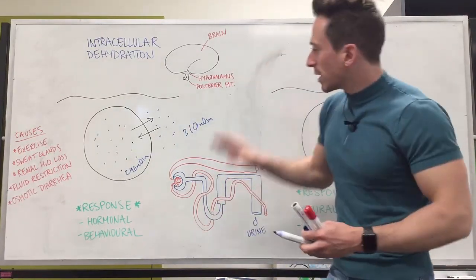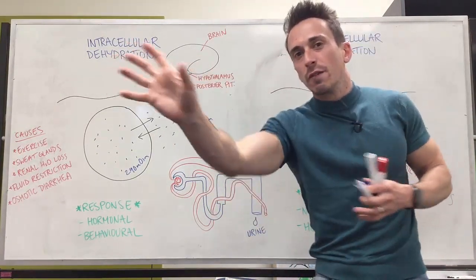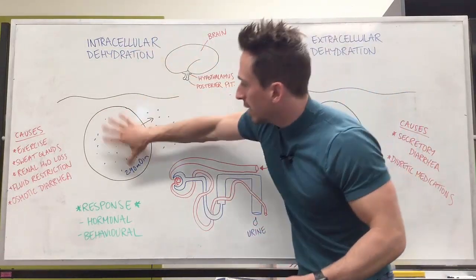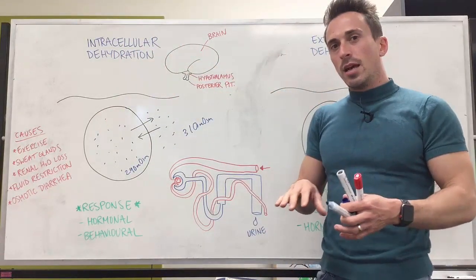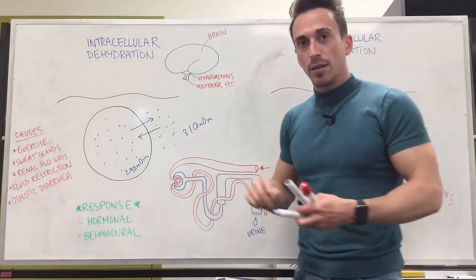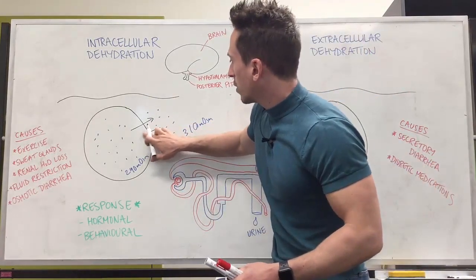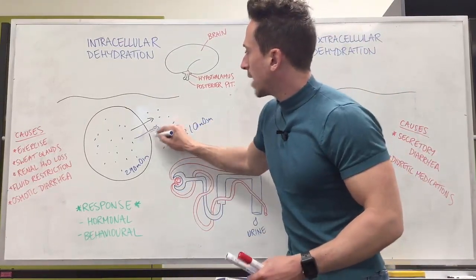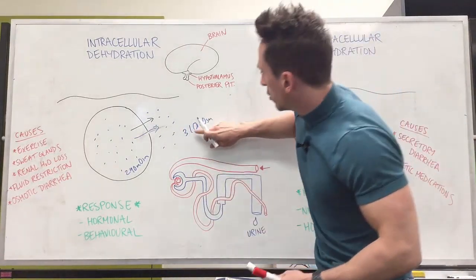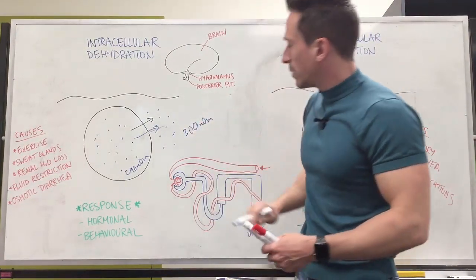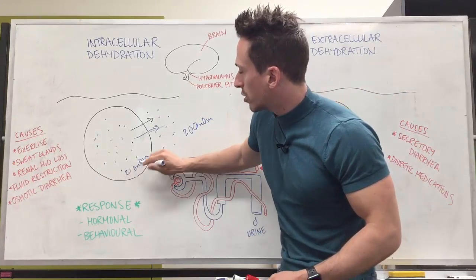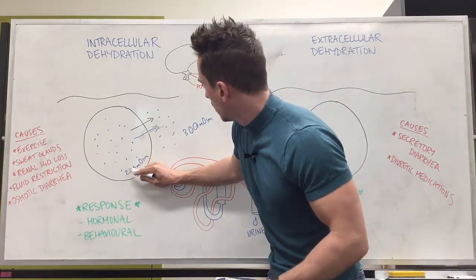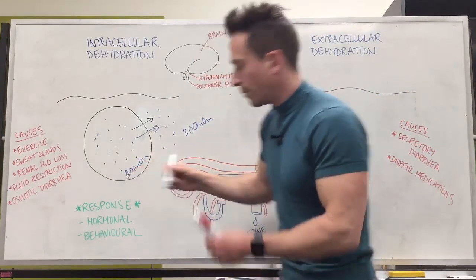The only way your body can fix this is by shifting fluids between inside the cell to outside the cell. Now, water will try and balance this out, and it does it by moving in one direction, from inside the cell to outside the cell. And so it slowly drops that to 300 milliosmoles, and this concentration inside rises to around 300 milliosmoles.